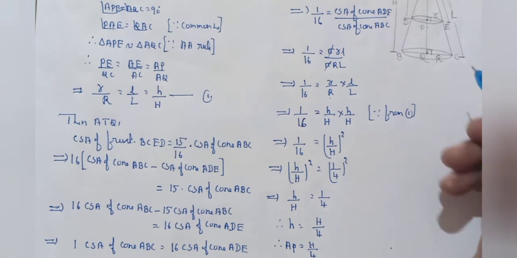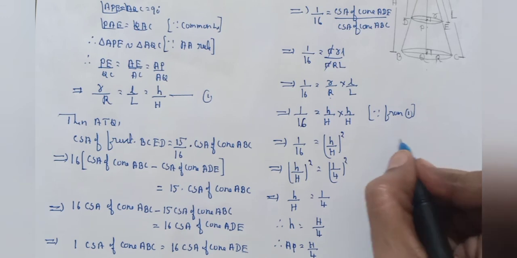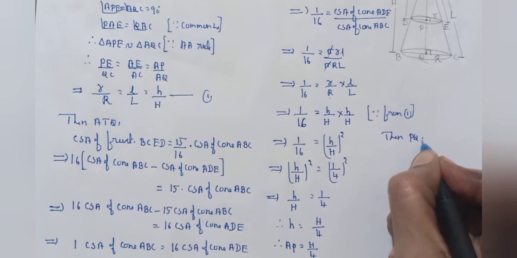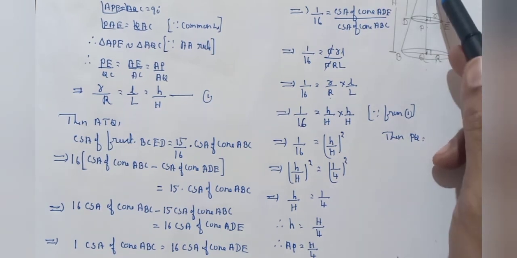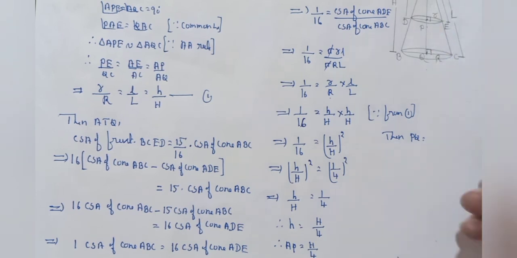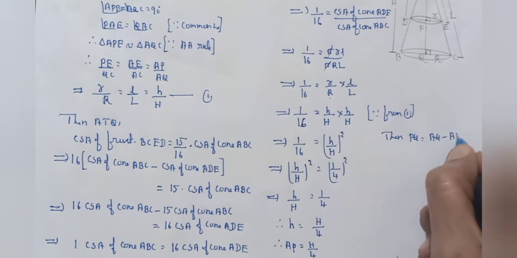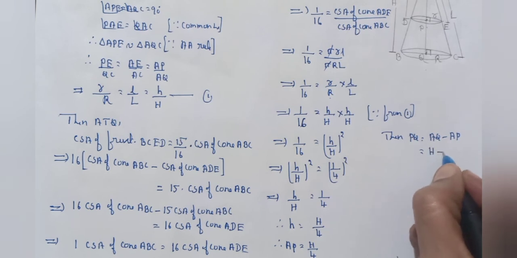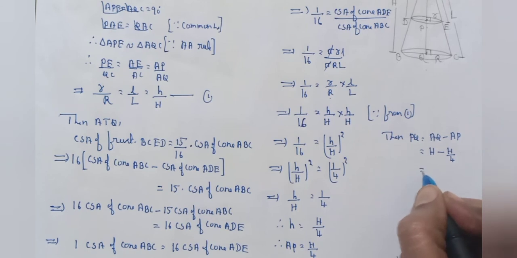Next, find out the length of PQ. PQ is the height of the frustum. If we subtract AQ minus AP, that gives PQ. AQ is the height of the bigger cone, that is capital H. AP is H by 4. So 4H minus H is 3H by 4.